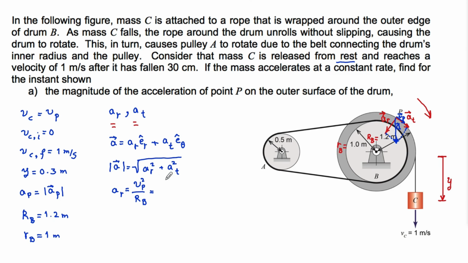So let's use that velocity and find AR: 1 meter per second to the power of 2 over RB, which is 1.2 meters, and then we get for AR 0.83 meters per second squared.